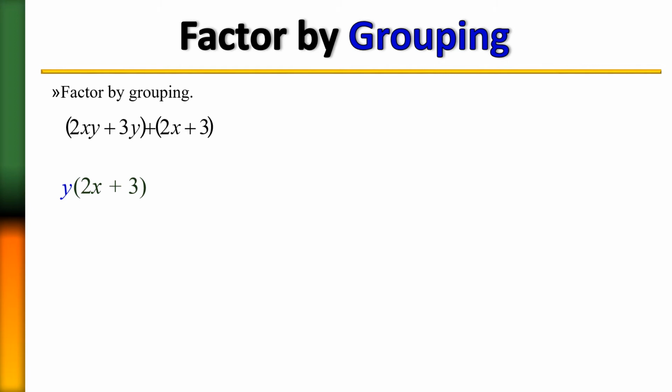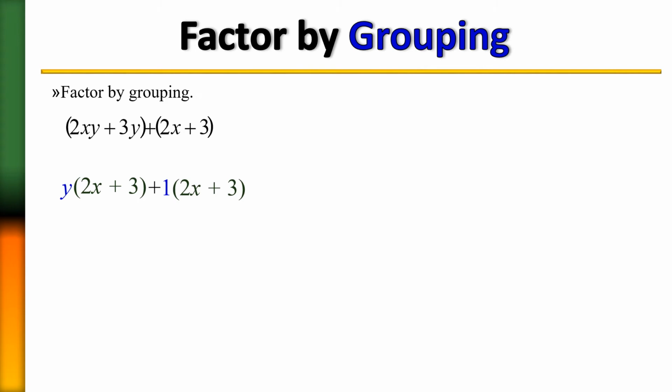We're going to take a 1 out because all numbers share 1 in common. And what's left goes in parentheses. You're going to write the exact same thing because 1 times any number is that same number. So 1 times 2x plus 3 is 2x plus 3.